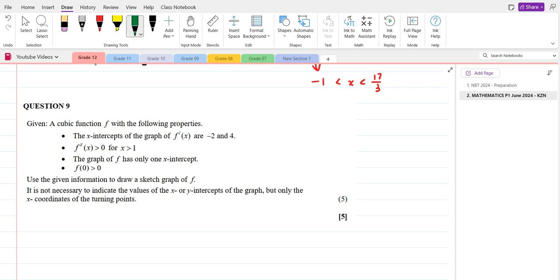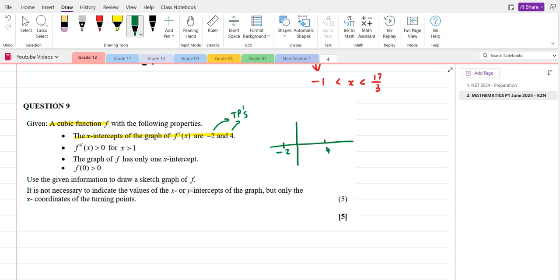Now remember it's a cubic function. F prime graph has -2 and 4. So we know at -2 and 4 there's turning points. Those are turning point values on the f graph.